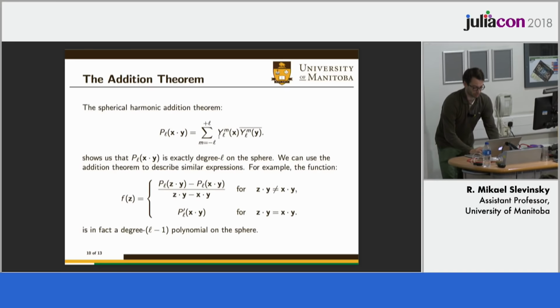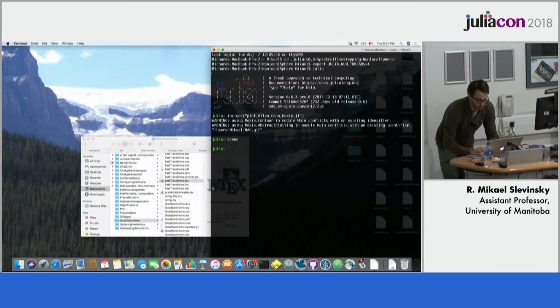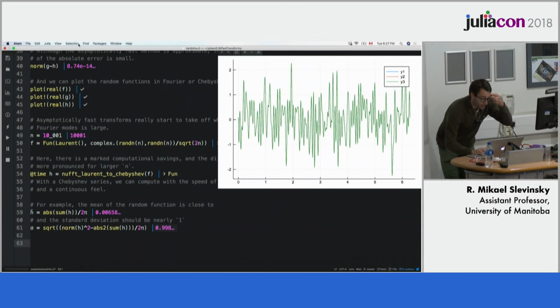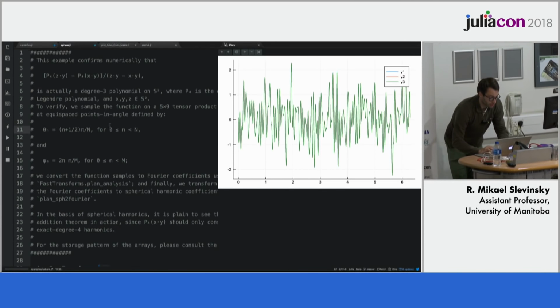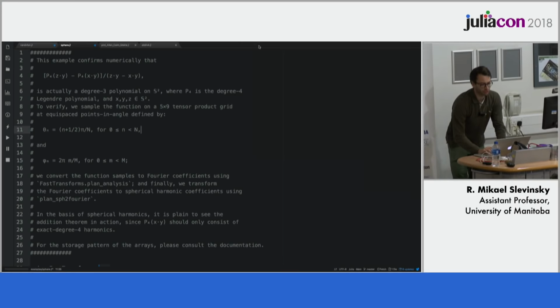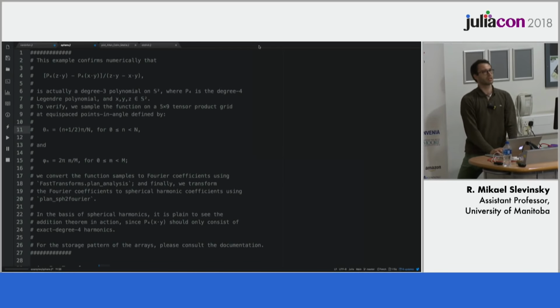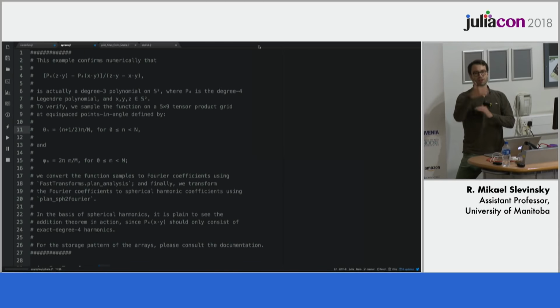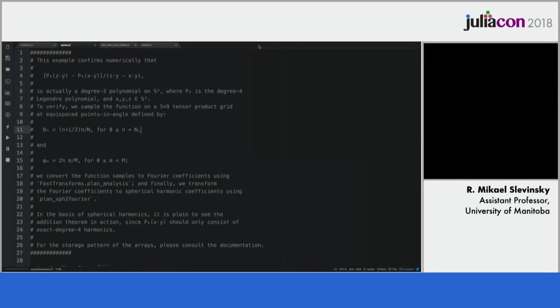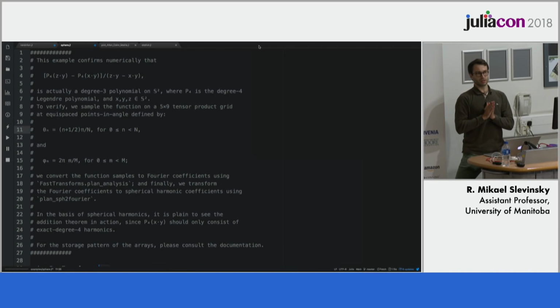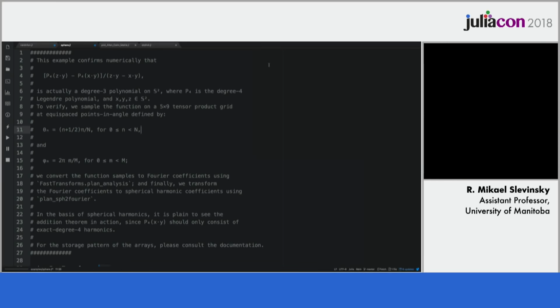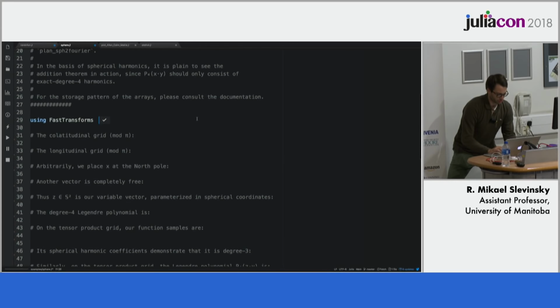This is the tutorial type example. And then the next example is about performance. If we're looking for a degree 4 polynomial, we would need at least 5 points in the colatitudinal angle to resolve this function.